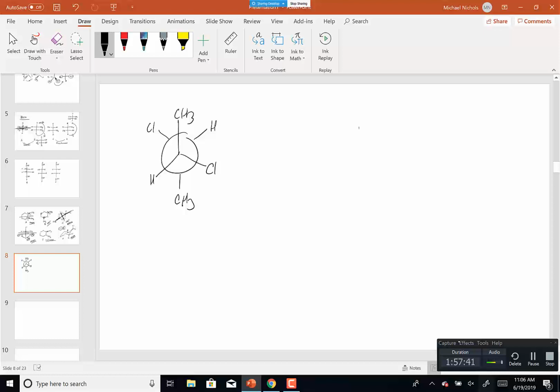So where am I going to see the mirror plane? I'm going to see the mirror plane when the Newman projection is eclipsed. And you might say, well, where's the mirror plane? The mirror plane is this way.